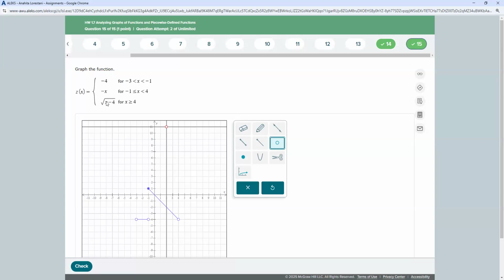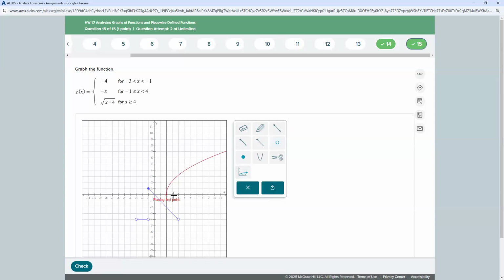Another good number for this example would have been 8. If you substitute 8 for x, 8 take away 4 is 4, and the square root of 4 is 2. So both numbers, 5 and 8, are good options. 6, 7 are bad options. So you need those 2 points ahead of time. Go to square root function.